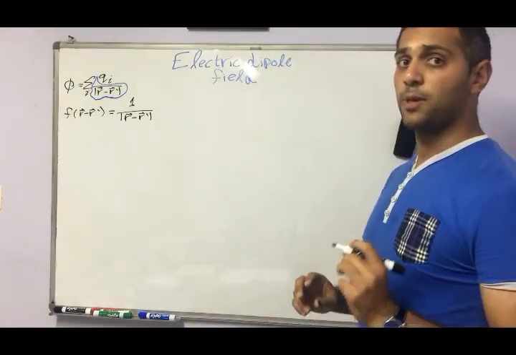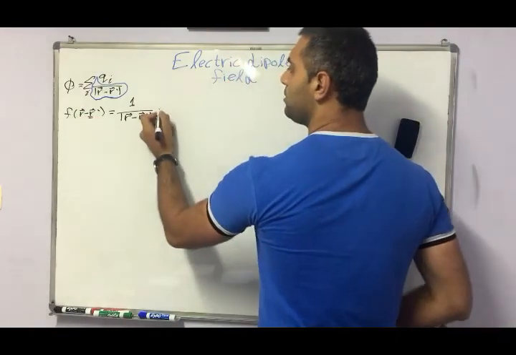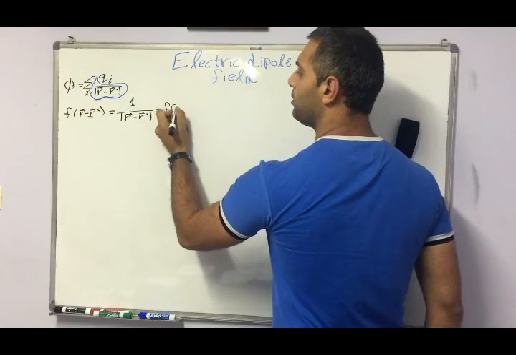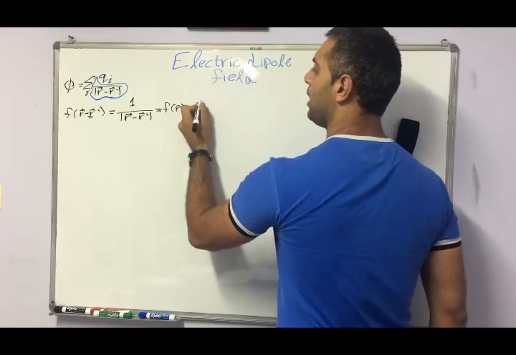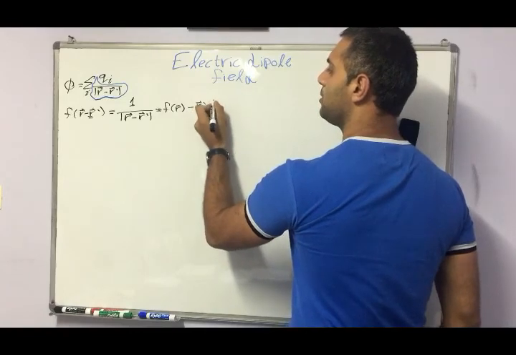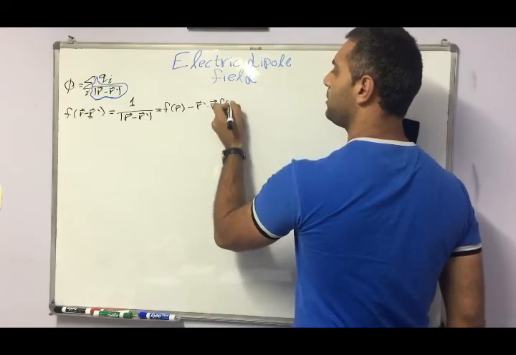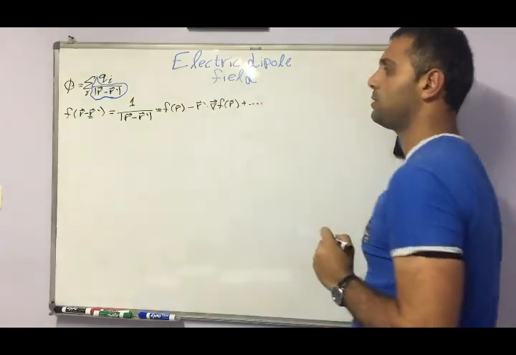By Taylor expansion over the r tag, we get f of r minus r tag dot the gradient of f of r plus the second order.